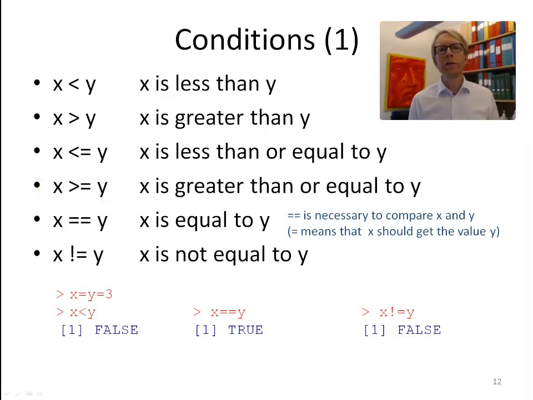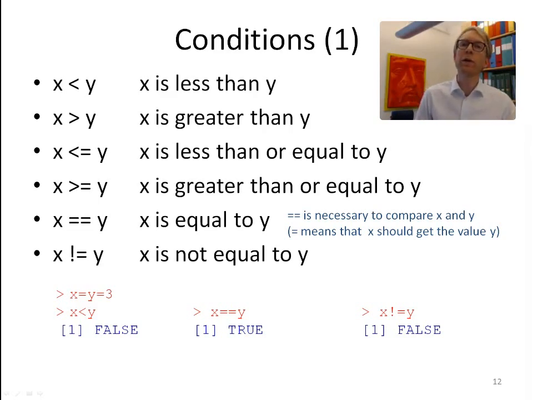If you want to test whether x is equal to y, you can't type x equals sign y, because that would mean to R that you want to assign x the new value that's currently stored in y. That is, you take the value in y and put it into x, and that's not what you want to do.